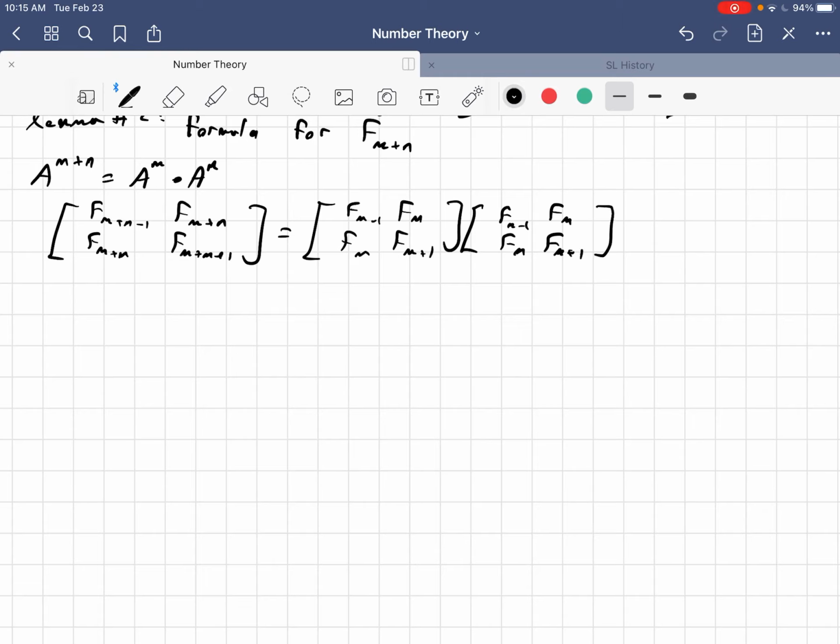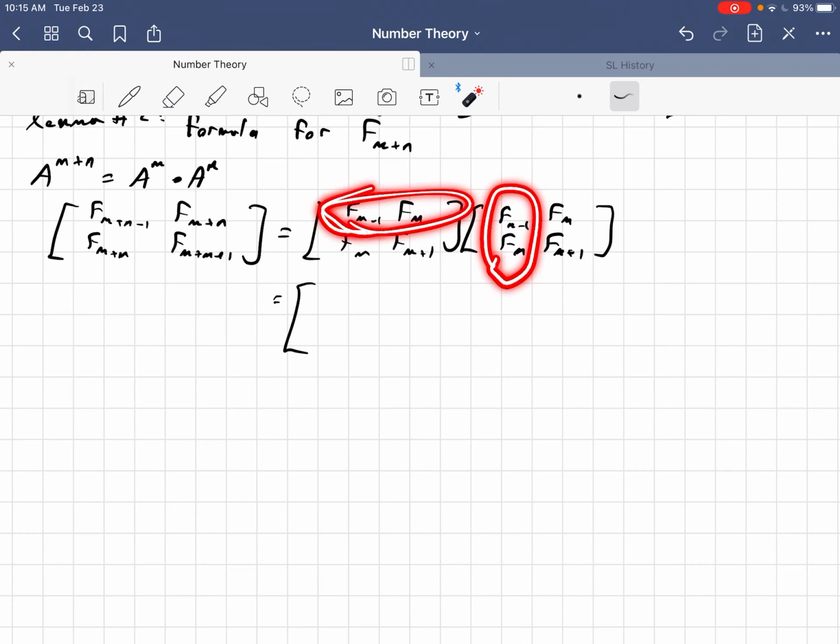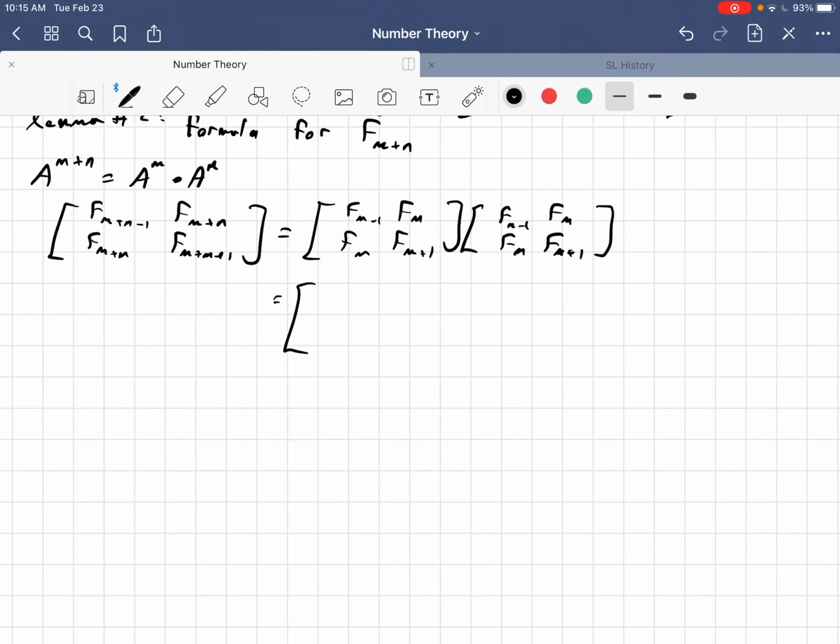And when I do this matrix multiplication, I actually am going to stop at the second part, because I only need that part right there. So first all I need to do is just do half of it. If I do the first part, I do row 1 and I dot it with column 1, I get f sub m minus 1, f sub n minus 1, plus f sub m, f sub n.